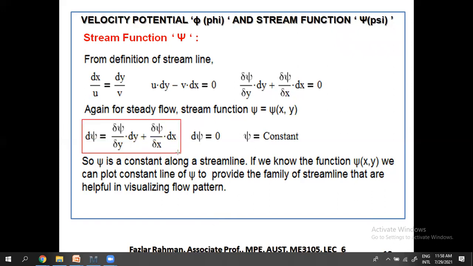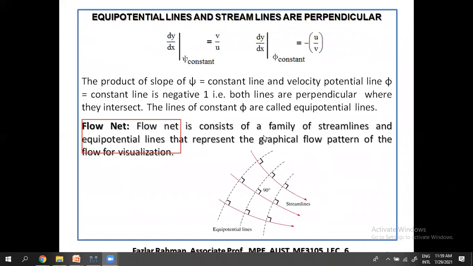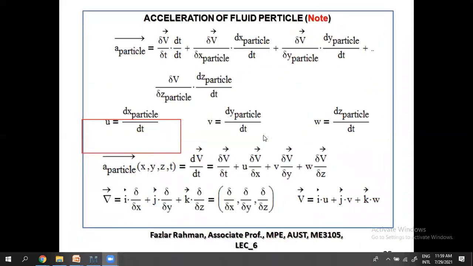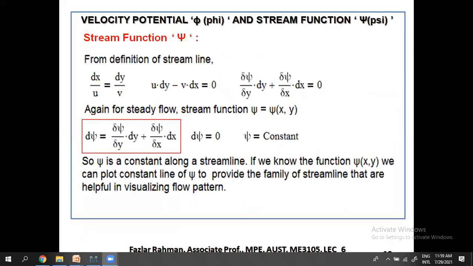Then from the definition of streamline, somewhere I might have put it in the slide. Let's see. I didn't put it. Okay. It is in lecture sheet 6.